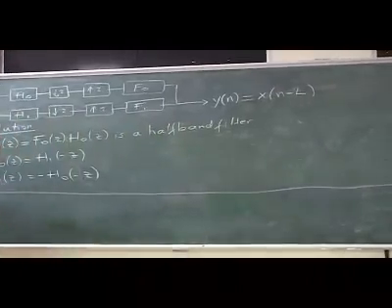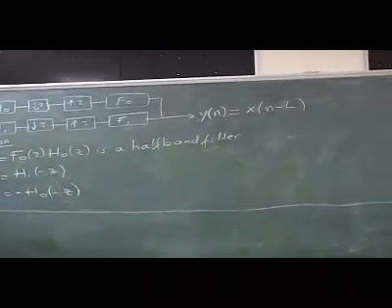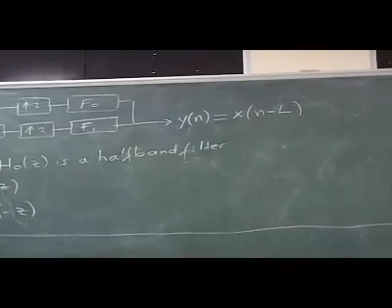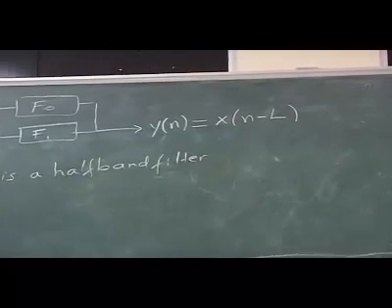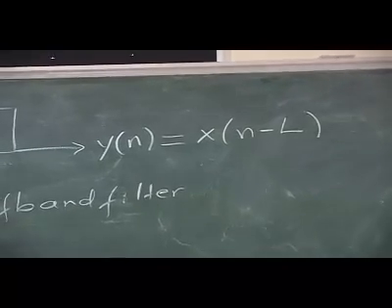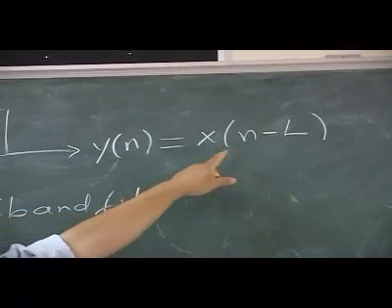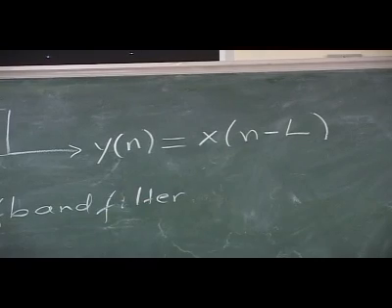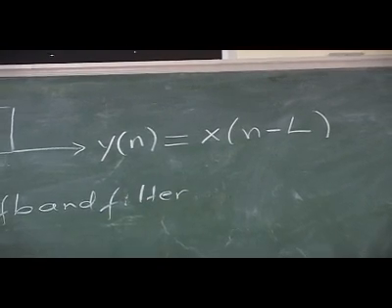The statement is: how do we find the possible choices of filters such that the output is a copy of the input? There are many ways to solve this, and we will see that today.